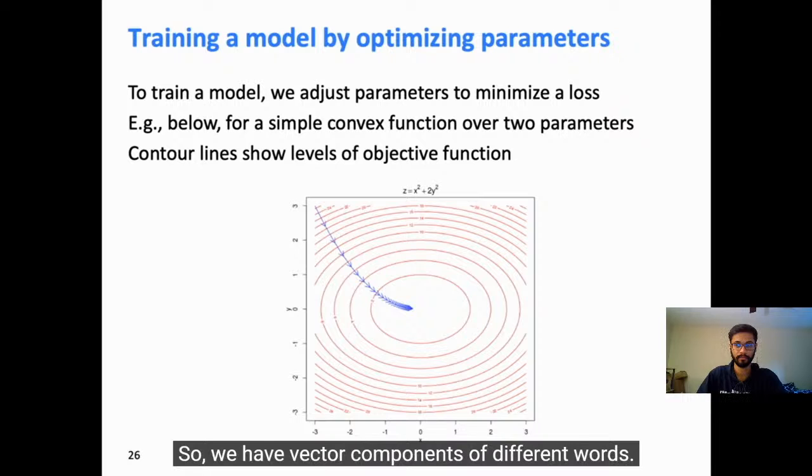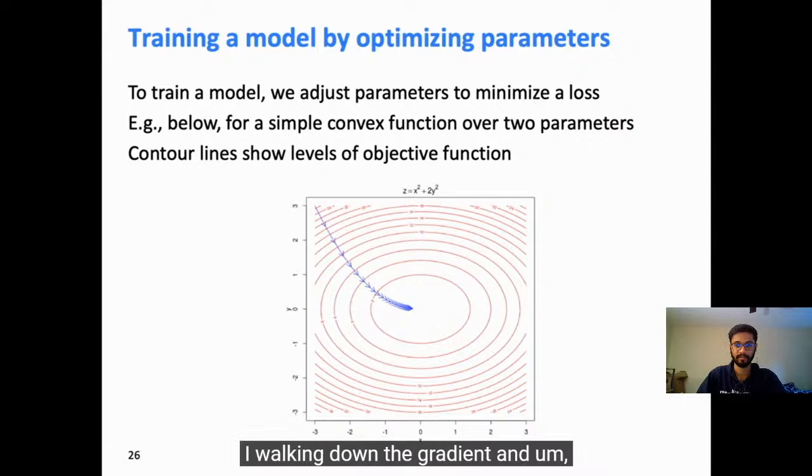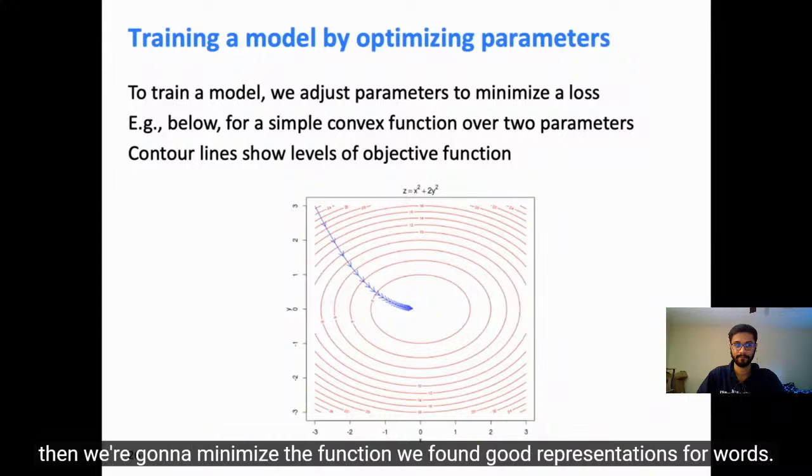So we have vector components of different words. We have a very high dimensional space again, but here I've just got 2 for the picture. And we're going to want to say, how can we minimize this function? We're going to jiggle the numbers that are used in the word representations in such a way that we're walking down the slope of this space, i.e. walking down the gradient, and then we're going to minimize the function. We've found good representations for words.